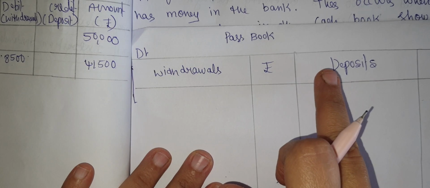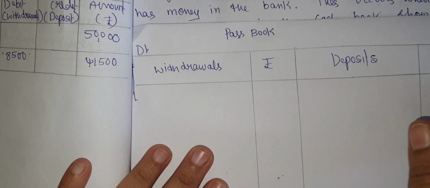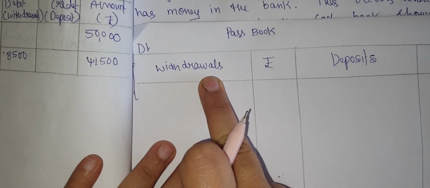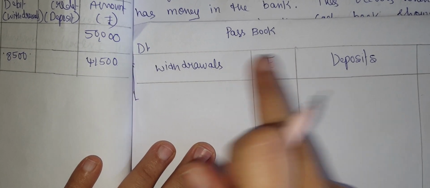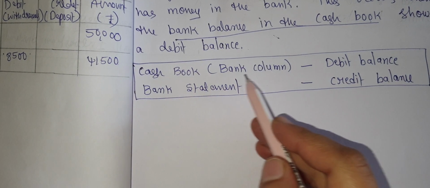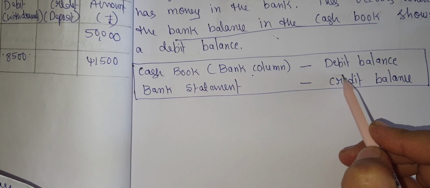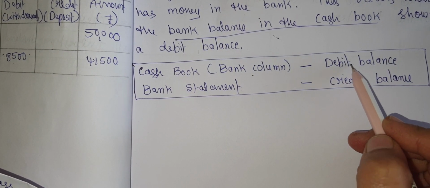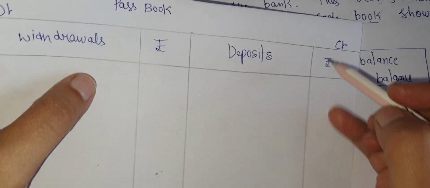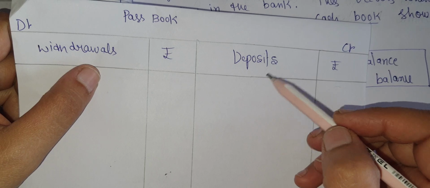So in the passbook, the favorable balance means deposits are more than withdrawals or payments. Cash book bank column debit balance means favorable balance, and bank statement or passbook credit balance. Here credit balance means deposits.